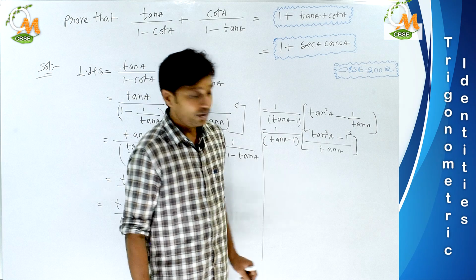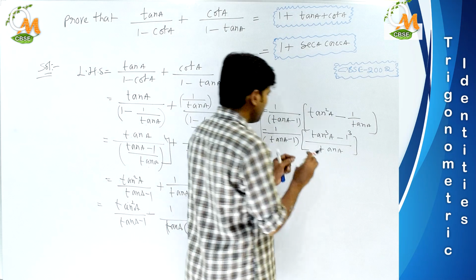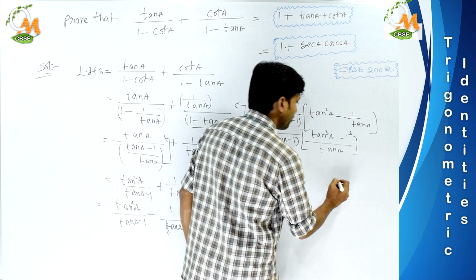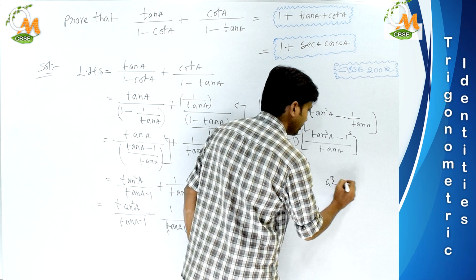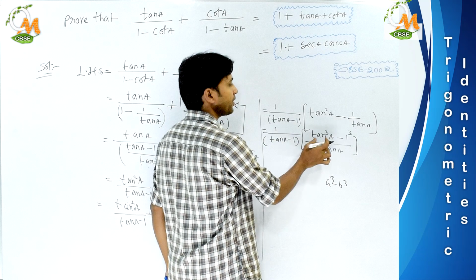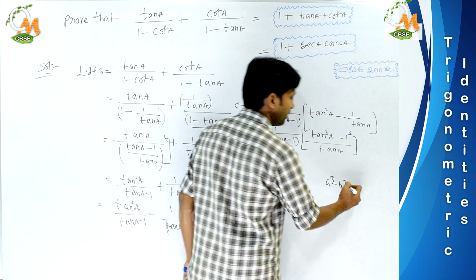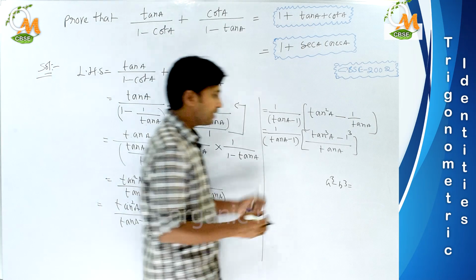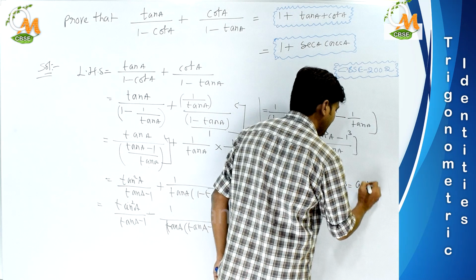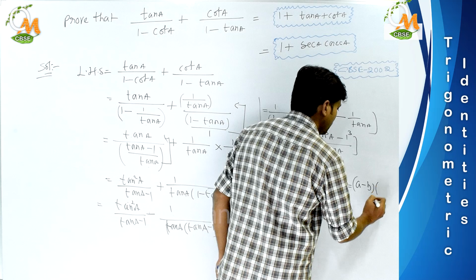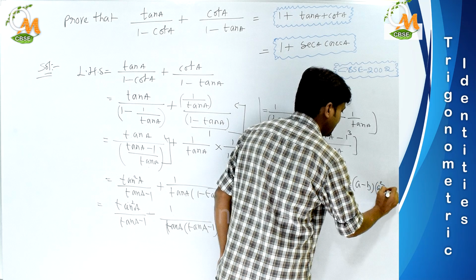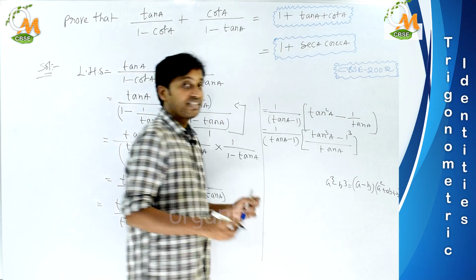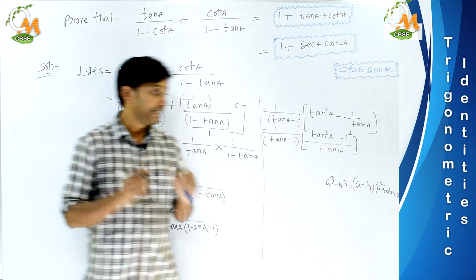Exactly. So now just use the A cube minus B cube formula. Here this is in the form of what? A cube minus B cube. What is the expansion of A cube minus B cube? Tell me. We can split A cube minus B cube into A minus B into A square plus AB plus B square, which is a standard algebraic identity.